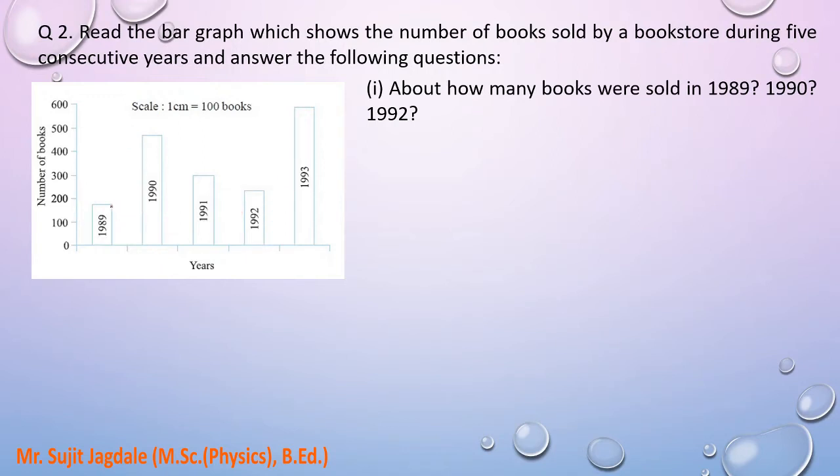So how do we find the value? You have to keep the scale on the top of the bar, or you can draw one horizontal line. This horizontal line meets the y-axis, and that meeting point is the value of the number of books mentioned on the y-axis.